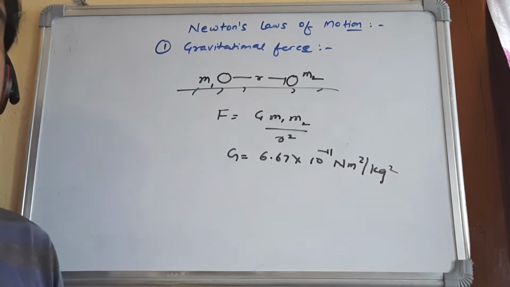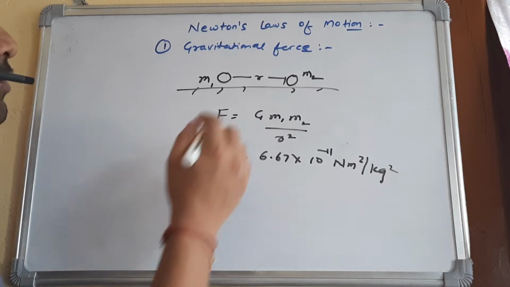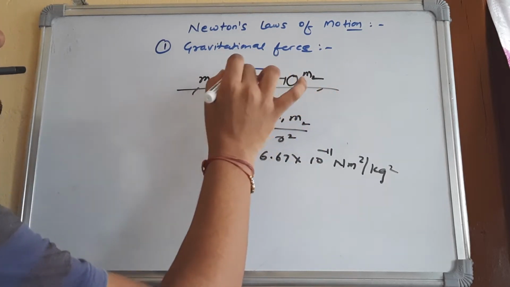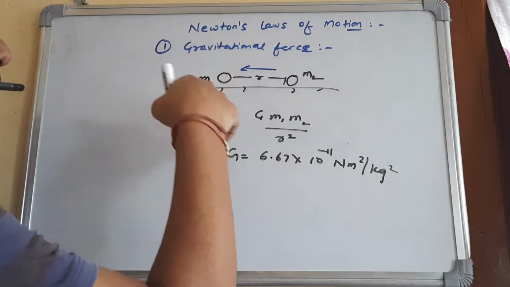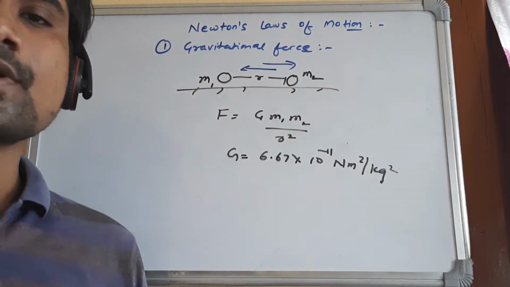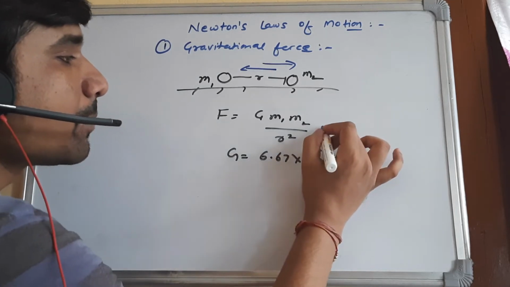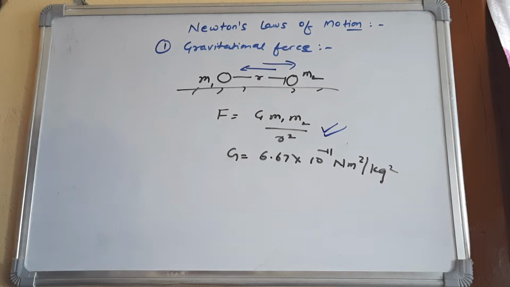Now you can understand that this gravitational force is an attractive force. For m2, m1 is attracting m2, and for m1, m2 is attracting m1. This is like the third law: to every action there is an equal and opposite reaction. Both have a tendency to attract each other with this amount of force, G m1 m2 by r square.